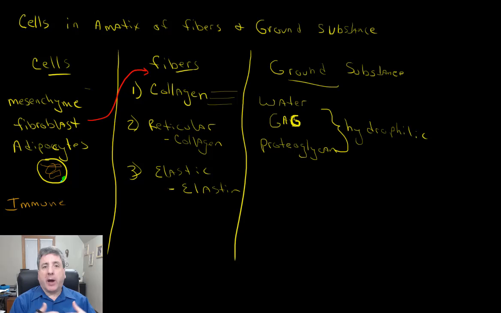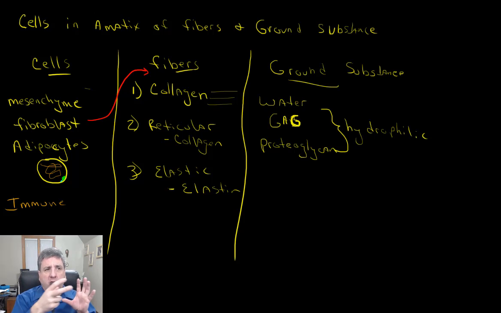And depending on the type of fiber you can have, let's say, lasagna noodles. Those would be the collagen fibers. Very big, very strong, very tough. You could have angel hair pasta. Okay. You could have fusilli, the spiral kind of pasta, which would be elastic. Okay.